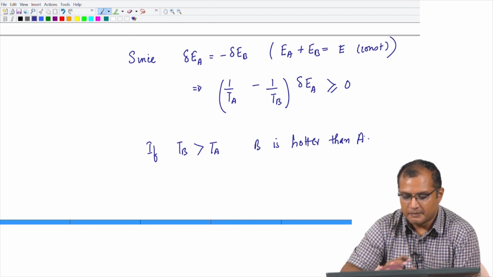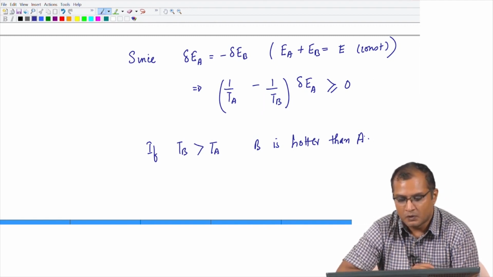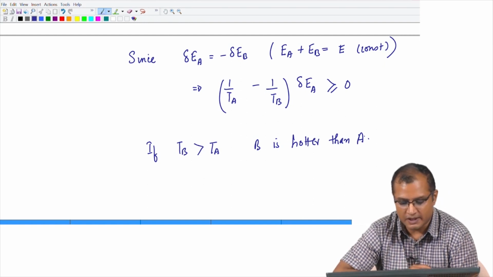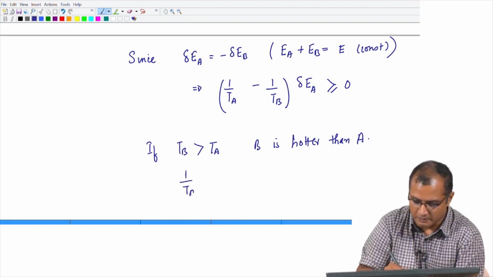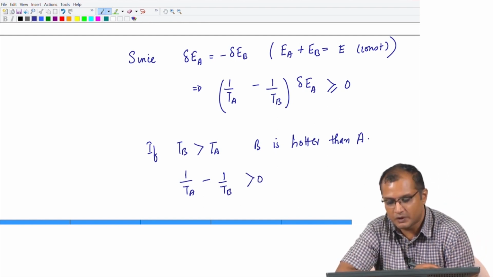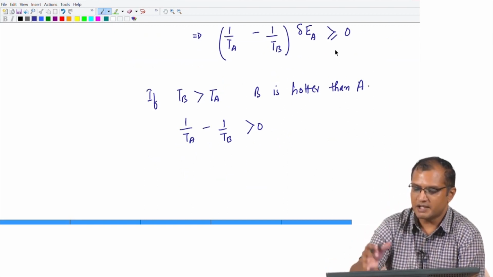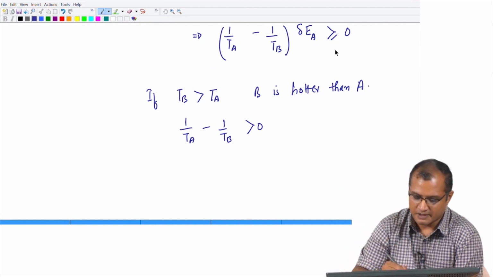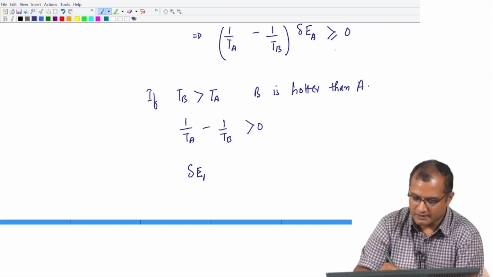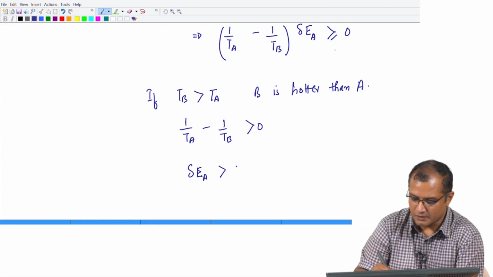That means the quantity in the bracket will be definitely a positive quantity. So, 1 upon T A minus 1 upon T B will be positive, because T B is greater than T A. Now, to make the overall quantity positive, I want delta E A to also be greater than 0.